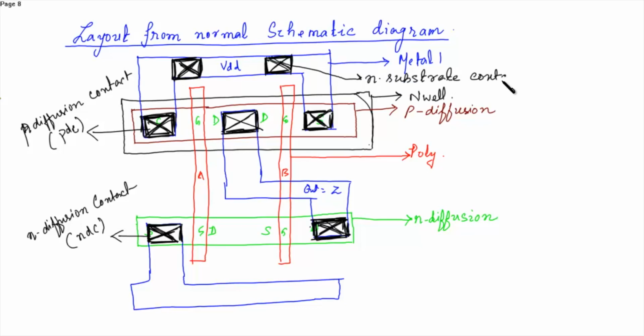contact, or you can say this is the N well contact. Similarly, this is the ground. You have to label it as ground.